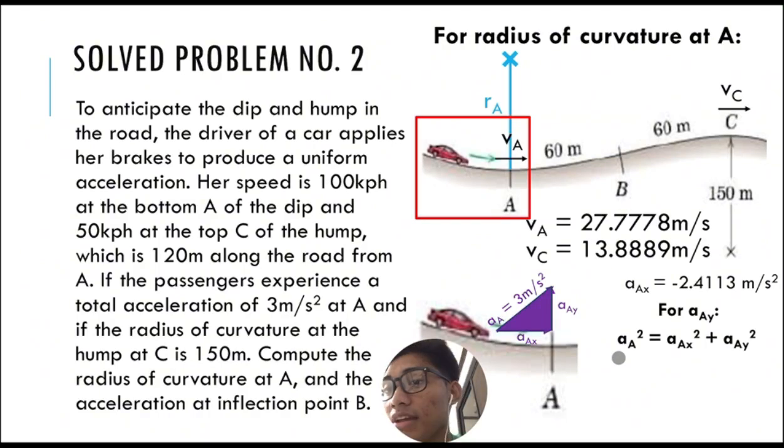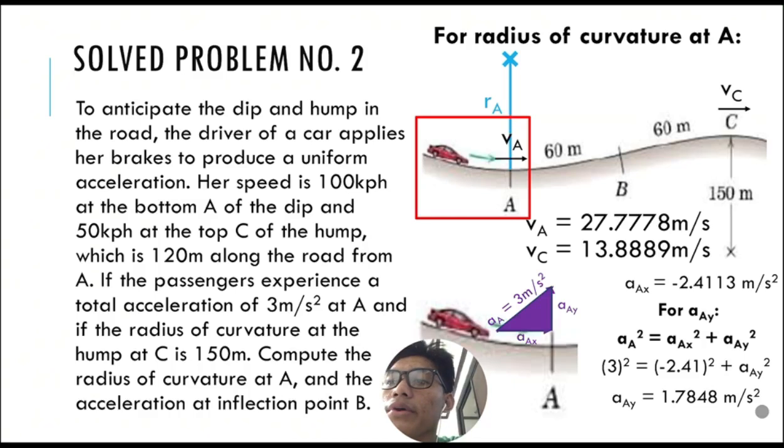Sides lang naman ang given natin, so di natin kailangan mag-sine, cosine, tangent. Pythagorean sapat na. So, meron tayong 3 squared equals itong part na to, sinubstitute lang natin dito, plus yung AY squared. Then, meron tayong AY na 1.7848.